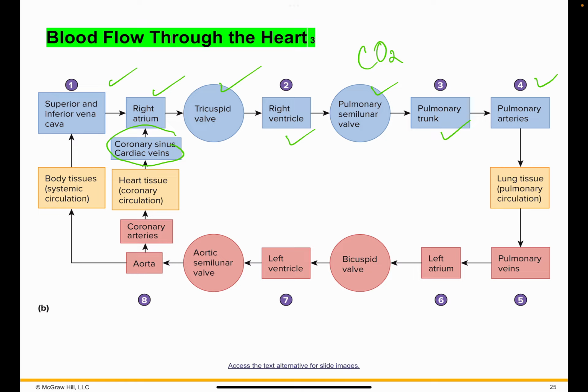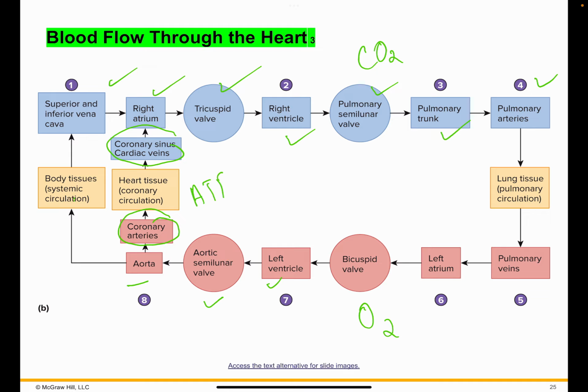Then what? Exchange happens and the blood color changes, meaning oxygen-rich blood goes through the lungs to the pulmonary vein, left atrium, bicuspid valve. Then the left ventricle, aortic semilunar valve, and the aorta, which also supplies the heart muscle through the coronary arteries. Then heart tissues and body tissues in systemic circulation use that oxygen for what?